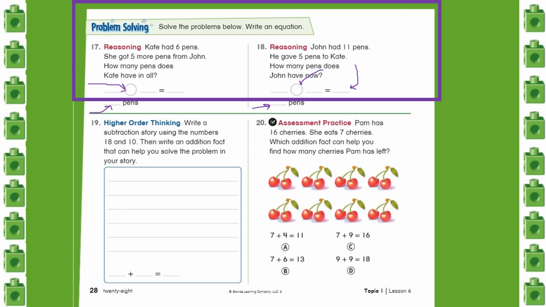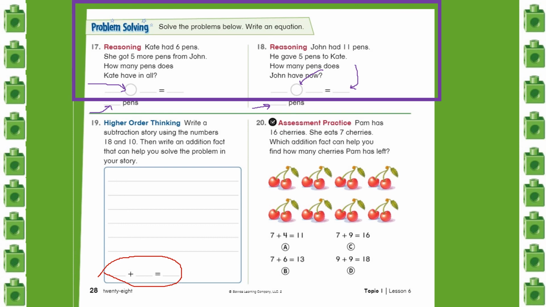You don't have to write a story, but you can draw a picture. But I want you to come up with a math equation that uses 18 and 10. So show me something that has subtraction with 18 and 10. And then at the bottom, all the way down here, show me something that has addition using 18 and 10.